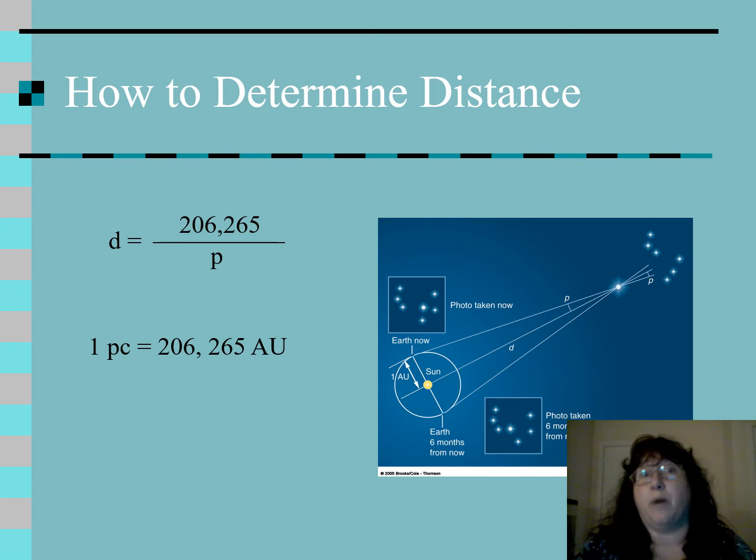And there you go. 1 parsec is equal to 206,265 astronomical units. And that's when we have 1 second of arc as the parallax angle. Then we can express the distance in terms of 1 over the parallax, where 1 is 1 parsec.